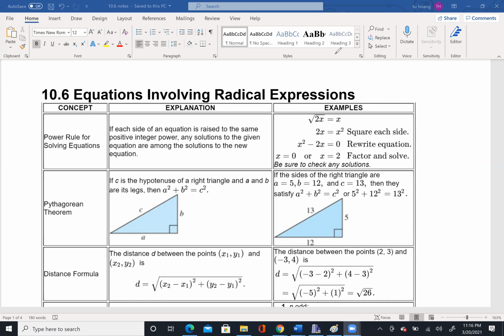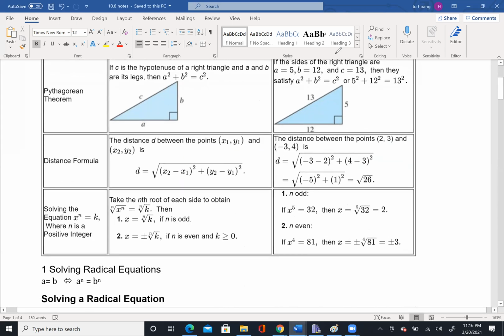And lastly, we will learn about solving equations x to the n equal to k, where n is a positive integer. What we do is take the nth root of both sides, so we can cancel the root index n, and then we will have x equal to k.